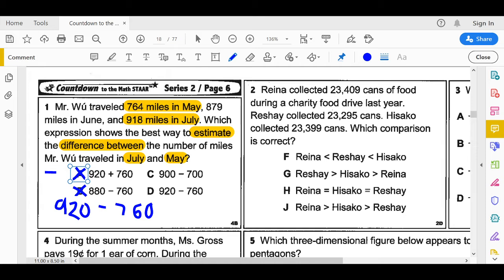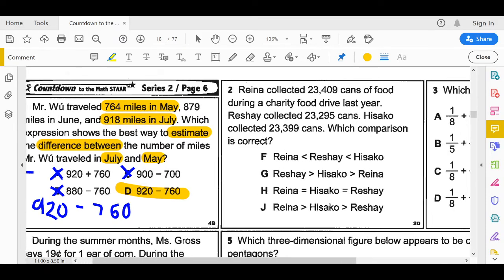It is rounded to the nearest 100. As you can see, 900 minus 700. So that wouldn't be a good estimate. And we know that the answer will be letter D right here. 920 minus 760. Okay, we have number 1 ready.